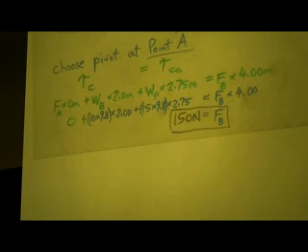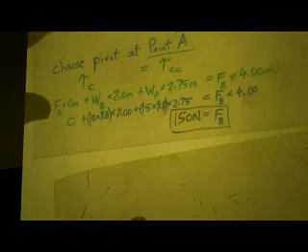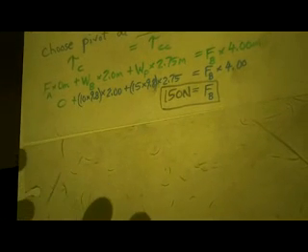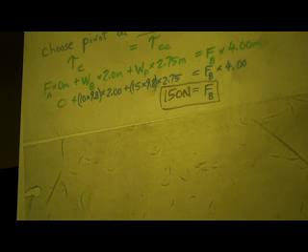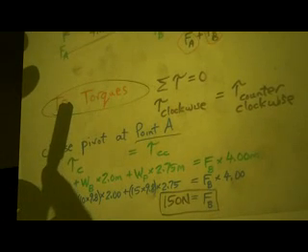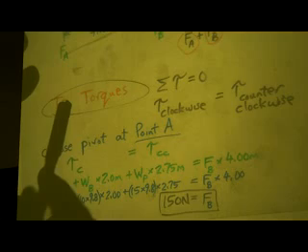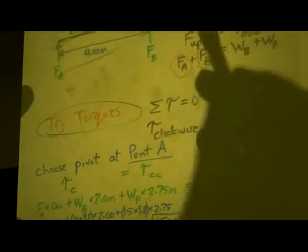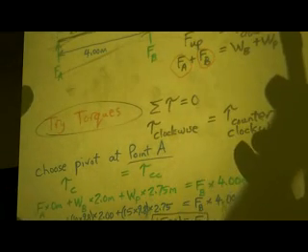And now the easiest way to do it, to find the other support, is just say the upward forces equal the downward forces. So you can go right back to this equation. Instead of torques, which will give you the same answer, go back to the easier one, F up equals F down.